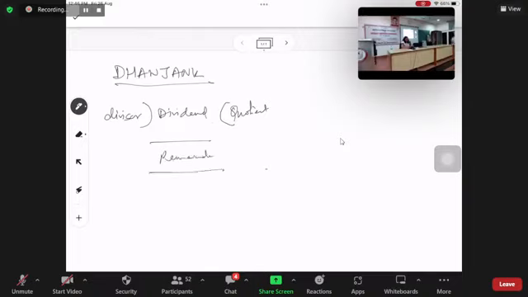This is the way of normal division, but in Vedic mathematics, how do we write it? Here we write the dividend, here the divisor, here the quotient, and here the remainder. So this is the way of writing division in Vedic mathematics.